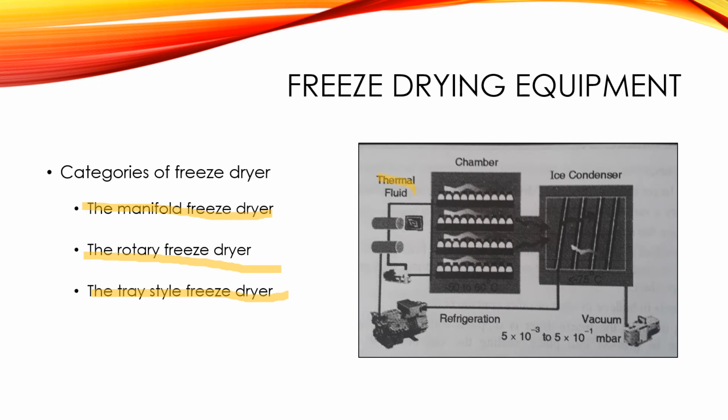That means the thermal fluid, this is the chamber, these are the product containers placed on the trays, this is the refrigeration system, this is the vacuum, and this is the condenser, the ice condenser. So vacuum and condenser are common components of every freeze drying process.